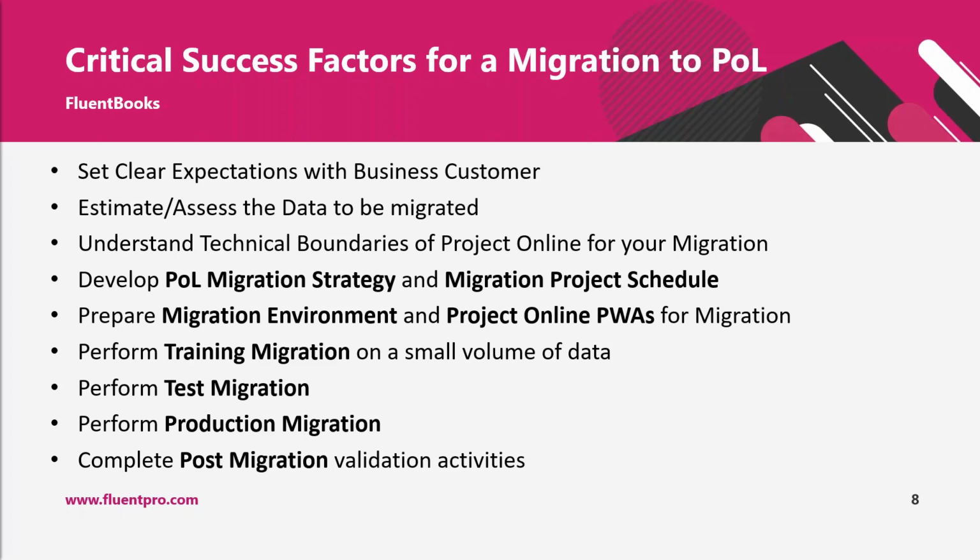There are several of them for different components of data. And usage of such APIs also brings some technical limitations. On the Fluent Pro help site, in the section related to FluentBooks, we have a list of limitations that you would need to keep in mind when doing migration to Project Online.